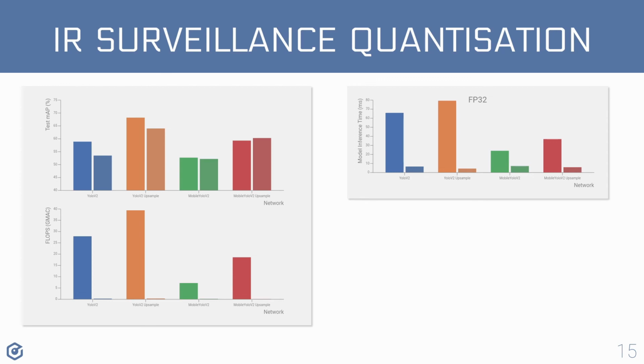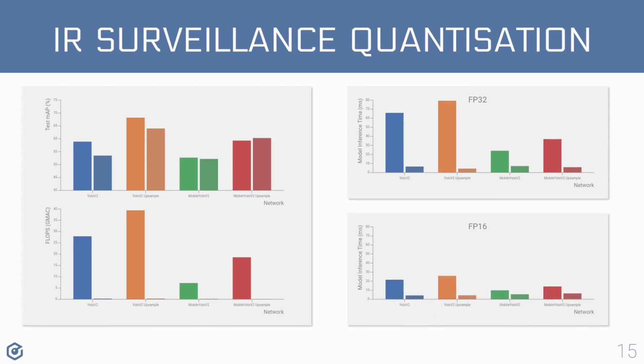We managed to prune so much of the networks, up to 99% of the channels were pruned here, that the overhead of having more layers, because the mobile networks have twice as many layers, actually becomes a bottleneck and makes the network slower than YOLO v2 upsample, and the computations are actually less of a bottleneck. And so YOLO v2 upsample here is the fastest network, which was quite fun to see. That means that we actually pruned so much, and it's 15 times faster than the original YOLO v2 network.